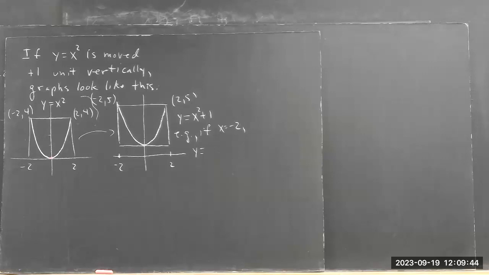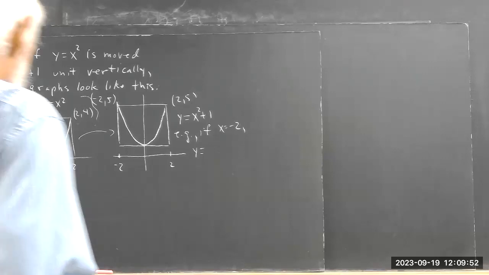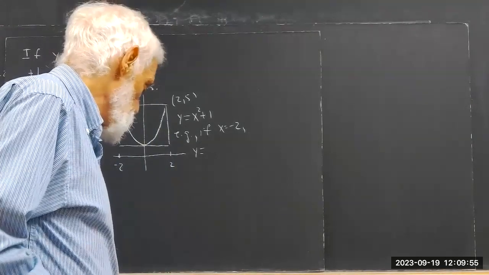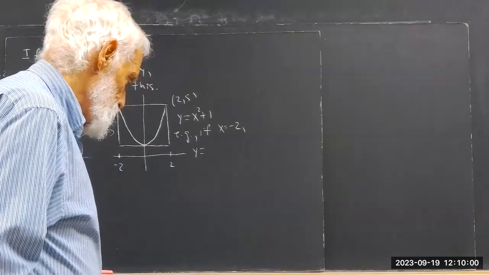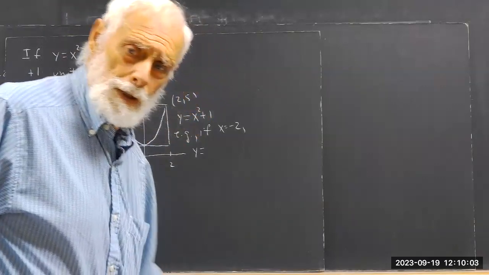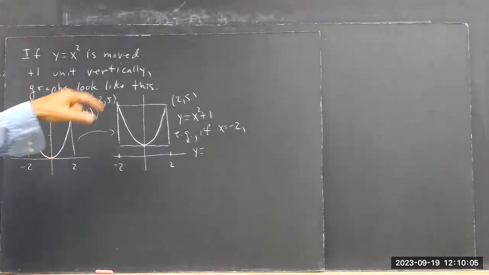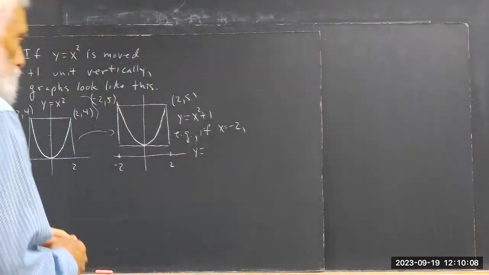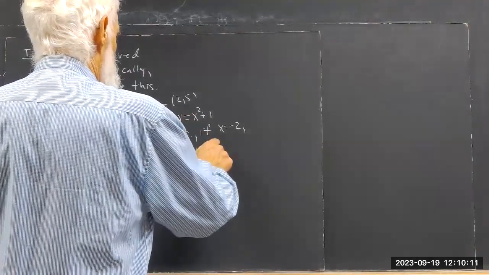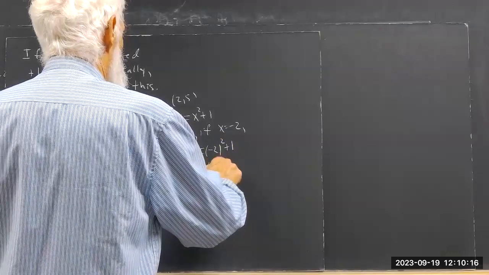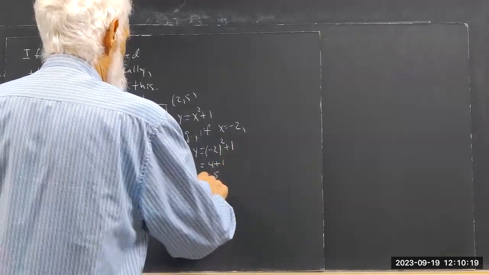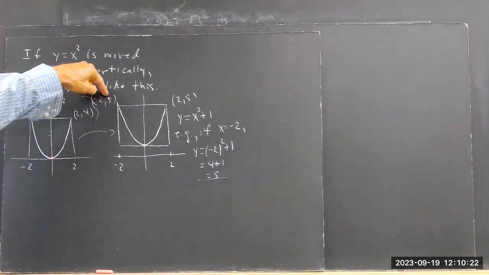Okay, so it actually took people just a little while to do that. But if you do it methodically and write it down carefully, you get y equals, replacing x by -2, -2 squared plus 1 equals 4 plus 1 equals 5. Okay, so there we have it.